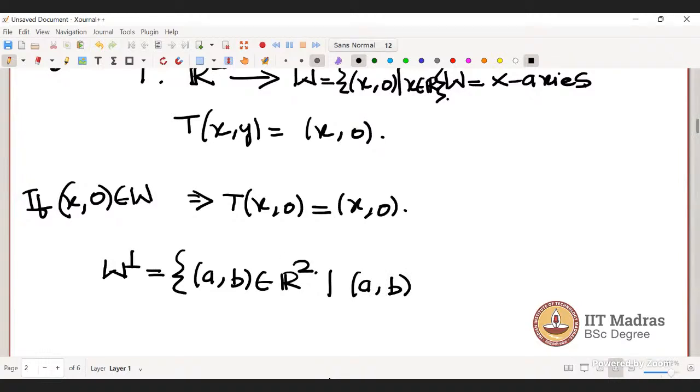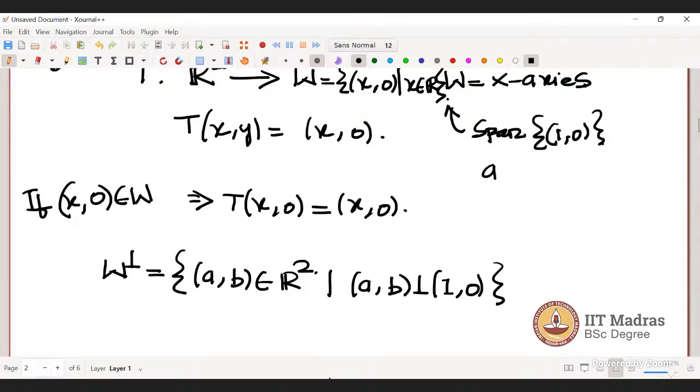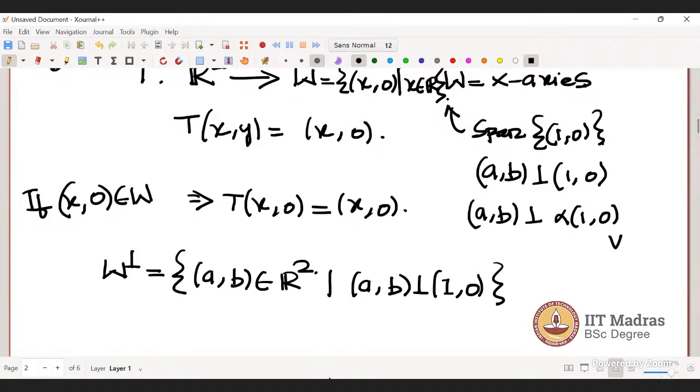R square such that (a, b) is perpendicular to (1, 0), right? Because W is basically the span of (1, 0). If (a, b) is perpendicular to (1, 0), that means (a, b) is also perpendicular to alpha times (1, 0) for all alpha in R, right?